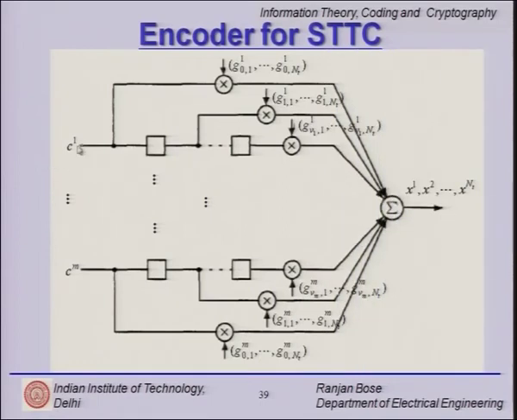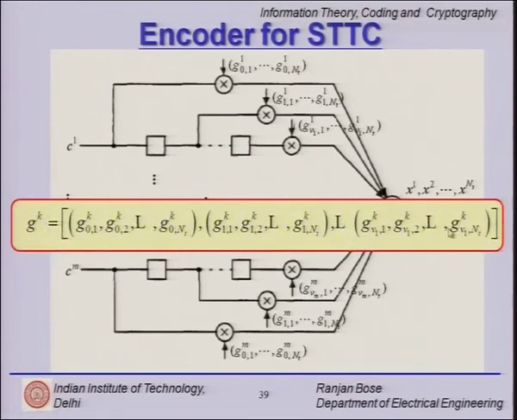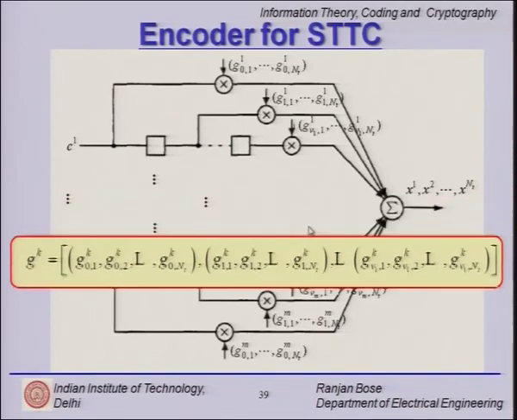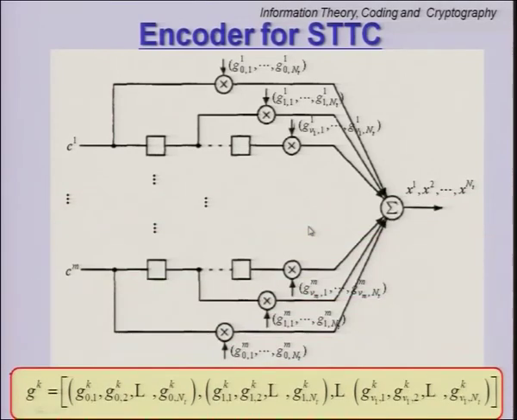So, we have C1, C2 up to Cm coming in, and then we have these coefficients that we just now looked at, they are multiplied and then they add, and then this is what is sent out. This Gk is represented as follows. So, this is the general encoder structure for a space time trellis code.